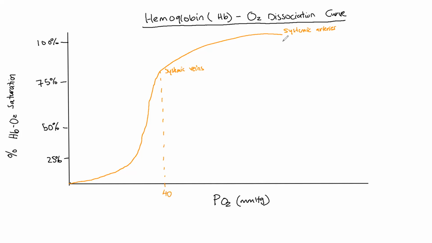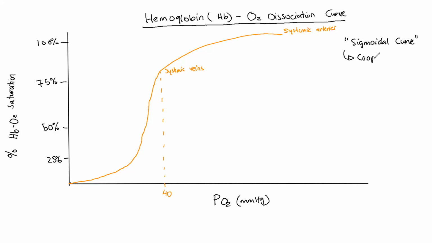Okay, and so just to describe this curve here, this is called a sigmoidal curve, and this represents the cooperative binding of oxygen to hemoglobin, right?